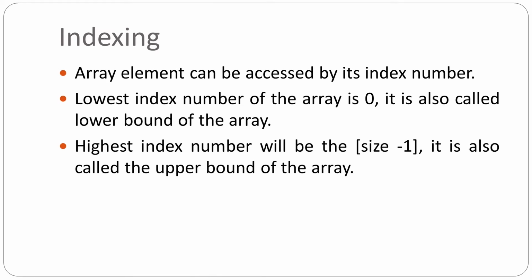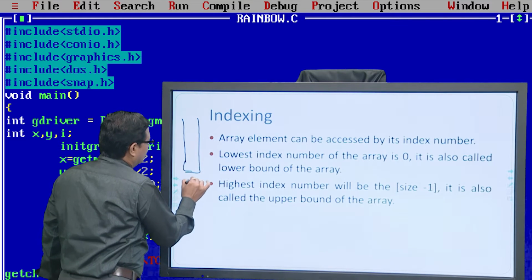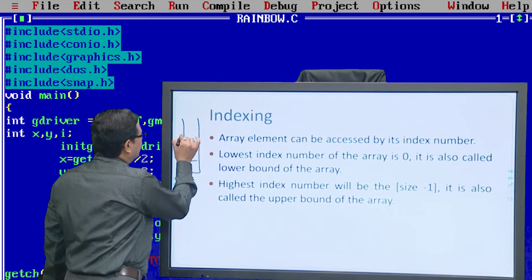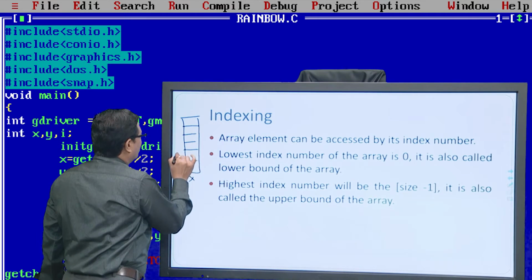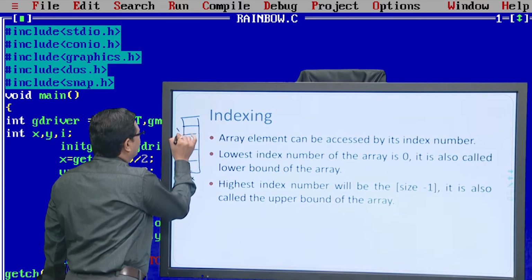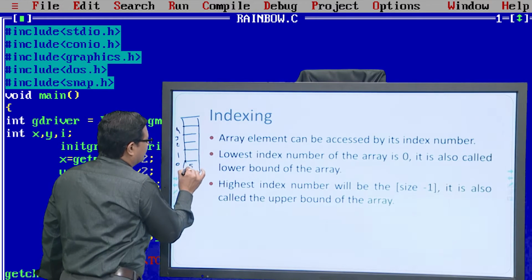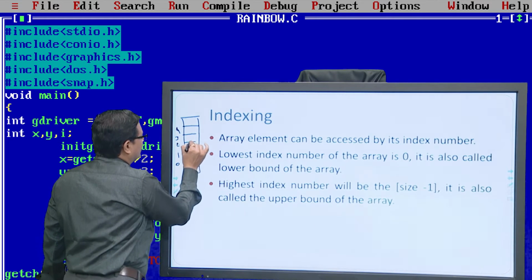Indexing. As we discussed in the previous slide, an array is a collection of elements stored under the same name. Each element can be accessed by its index number. Suppose we have an array with indices 0, 1, 2, 3, 4 holding 5, 10, 15, 20.